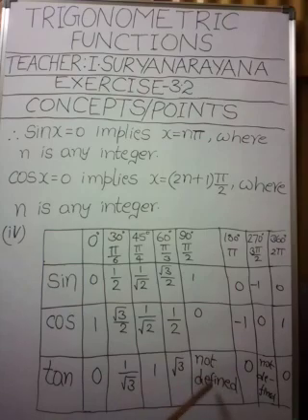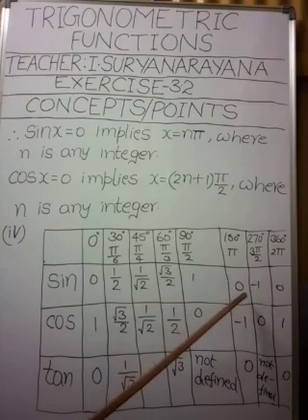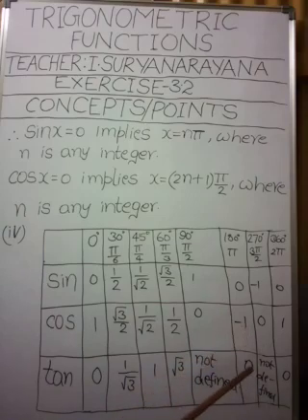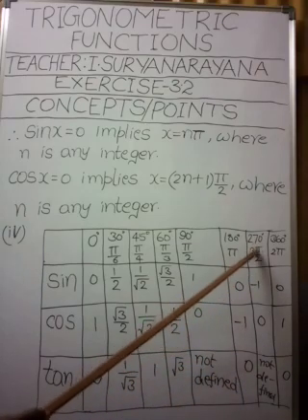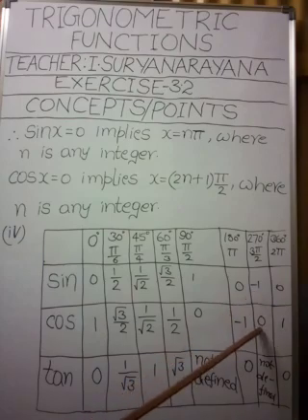Not defined. So, any number by 0, you can say that not defined. Okay, my children. Now tan 180 degrees, sin 180 degrees by cos 180 degrees. 0 by minus 1, 0. Now come to tan 270 degrees, sin 270 degrees by cos 270 degrees.